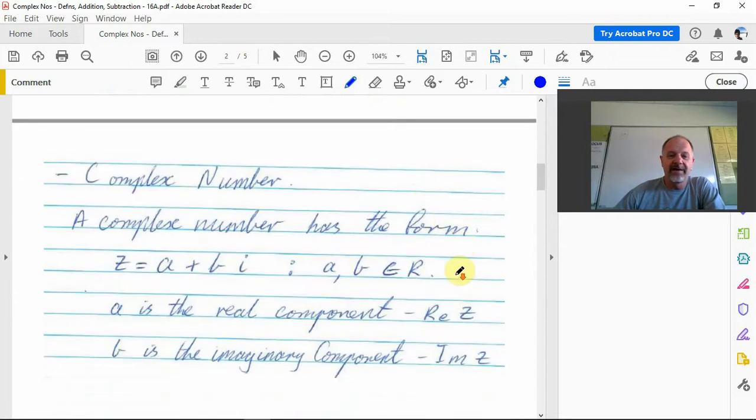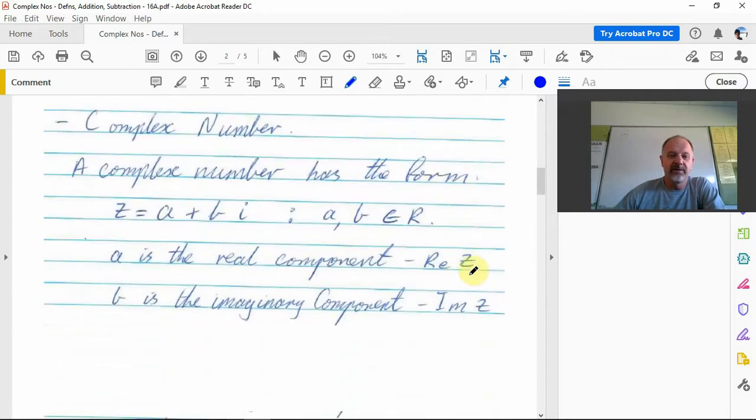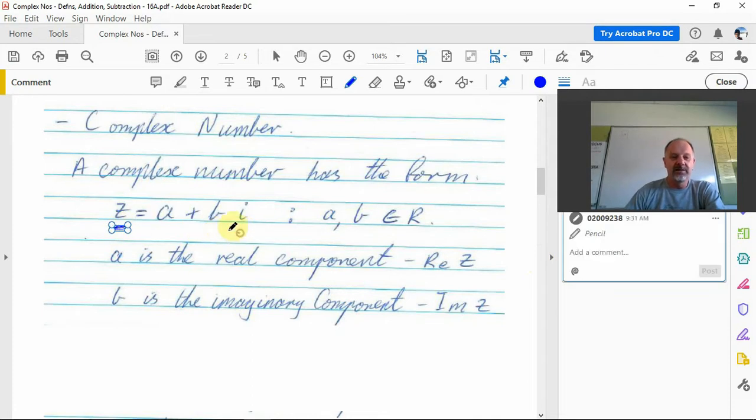So what is a complex number? All right, so here we go. We normally write complex numbers as z = a + bi. So you can see it's got two parts. It's got just the normal a, and then it's got the b, which has the i attached.